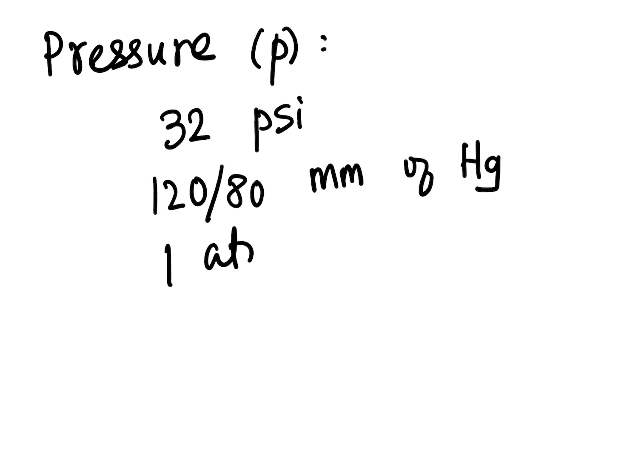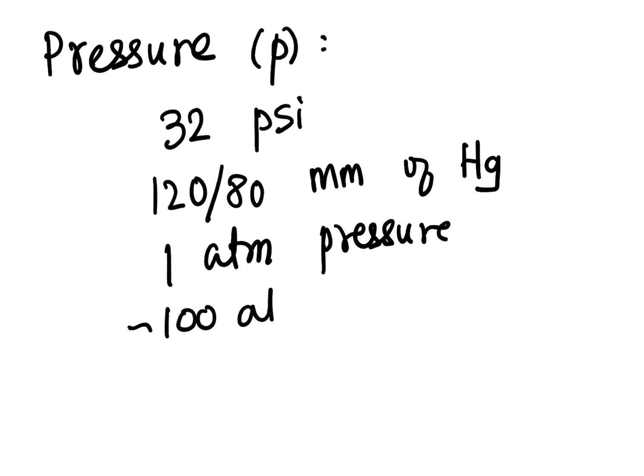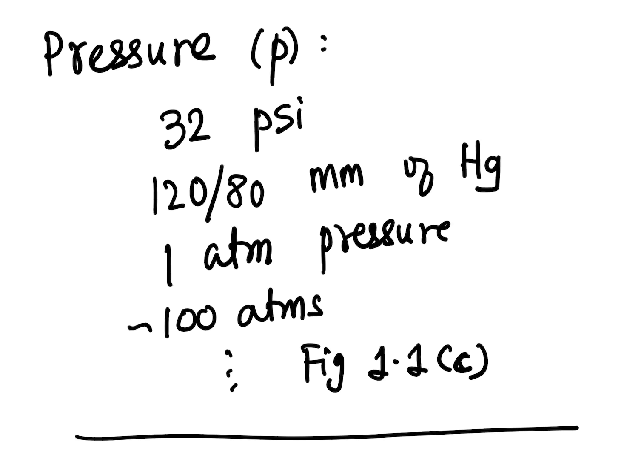We think of 1 atmospheric pressure. We think of high pressure situations, like an explosion that could lead to pressures of hundreds of atmospheres, and so on. You can think of many examples and refer to figure 1.1c for different values of pressures encountered in common situations. There, from 10 power minus 6 psi to 10 power 6 psi, you can find examples in this range.